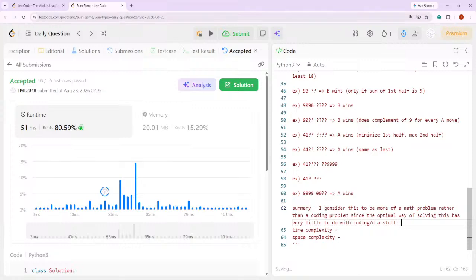Or is it DFA or DSA? Data structures or coding stuff.